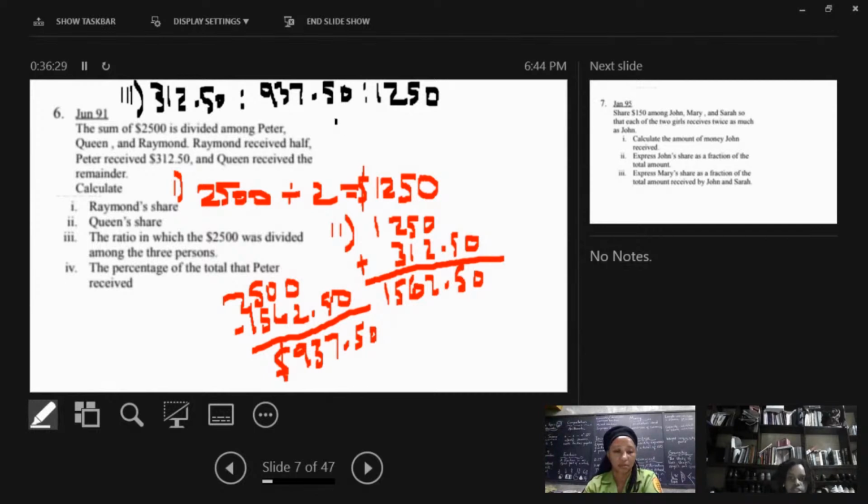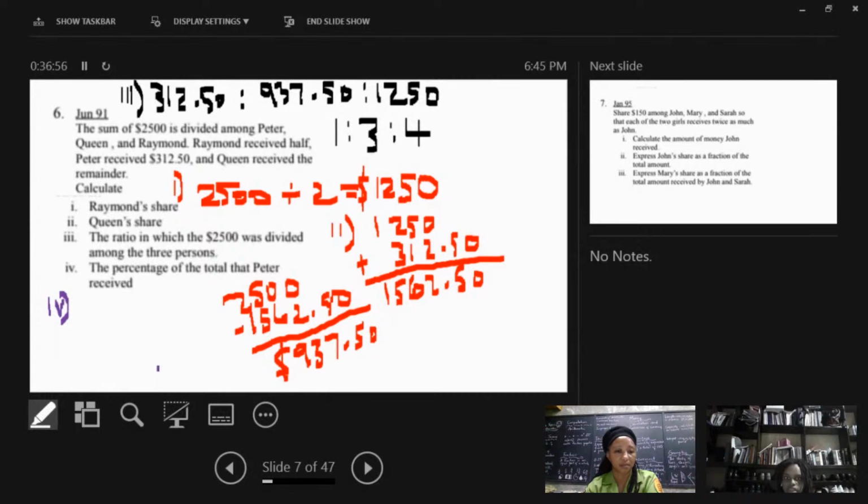So the ratio would be 1 to 3 to 4. All right. And part IV, the percentage of the total that Peter received.